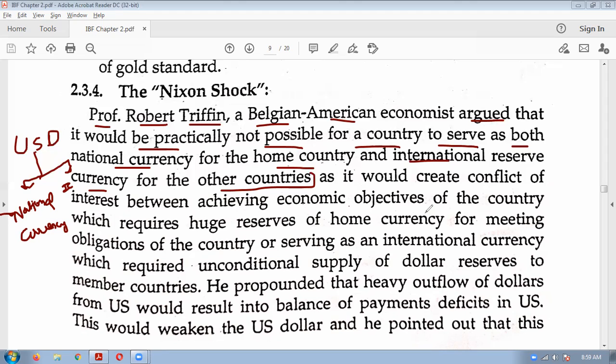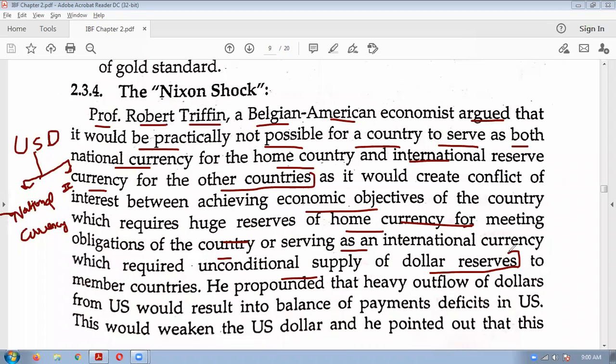Okay, because it will lead to conflict of interest between achieving the economic objectives of the country, which requires huge reserves of home currency for meeting the obligations of the country, or serving the international currency, which requires unconditional supply of dollar reserves. Very interesting. Now see, USA is a country, it should take care of its own purpose also.